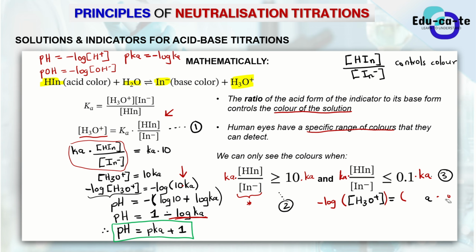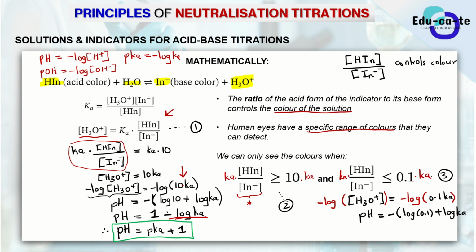Let me just rewrite it as is. This is going to be negative log of 0.1 times Ka. Then you can see that the negative log of H3O plus ions gives you the pH, and this pH is equal to negative, into the log of 0.1 plus the log of Ka.